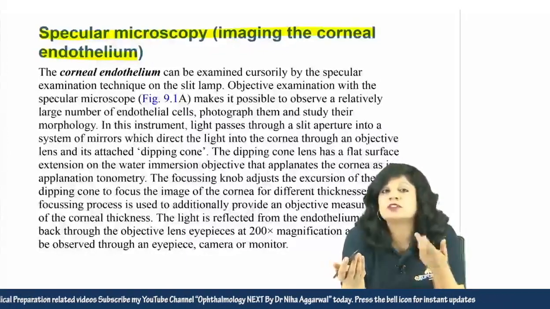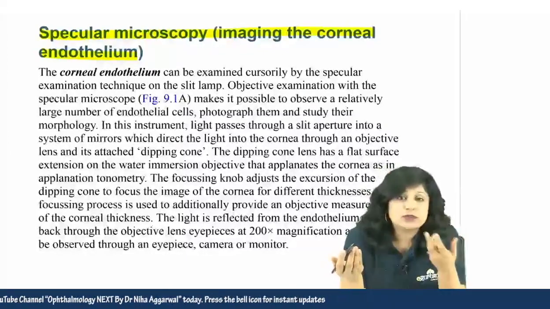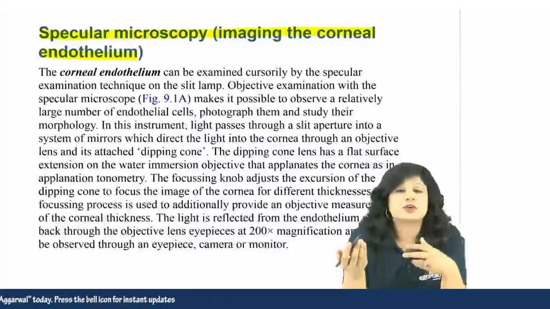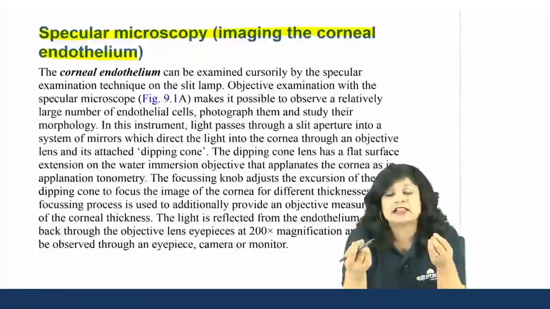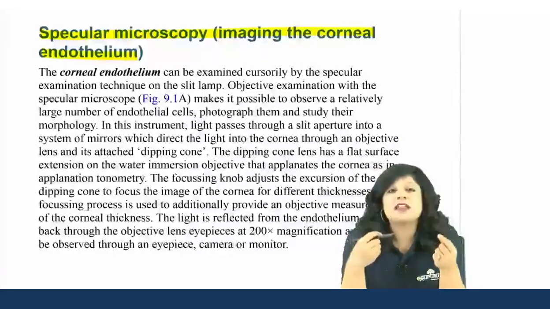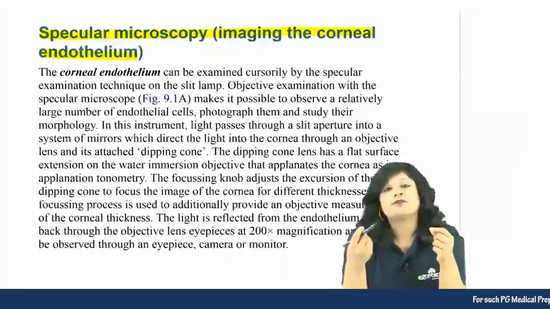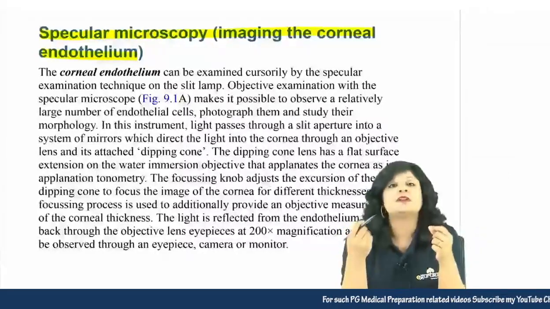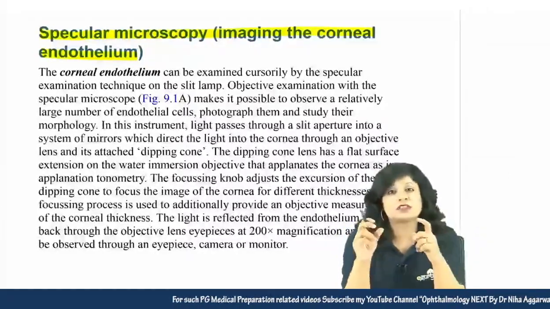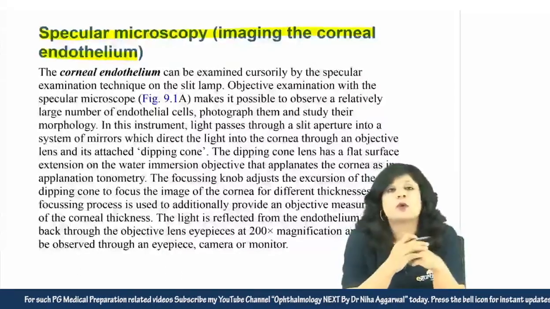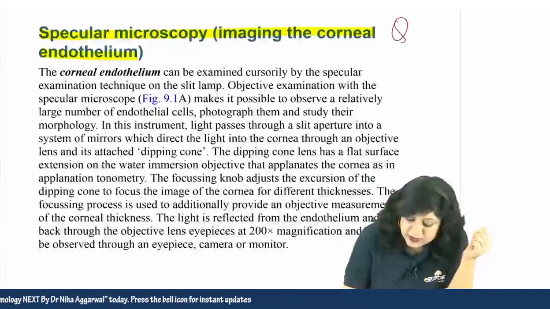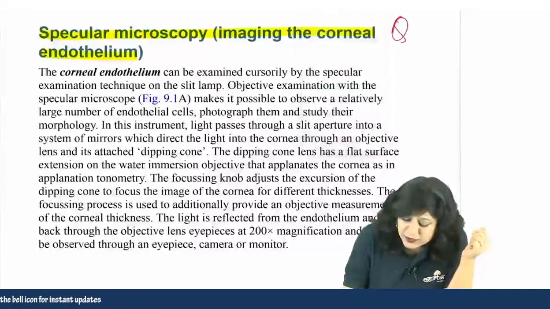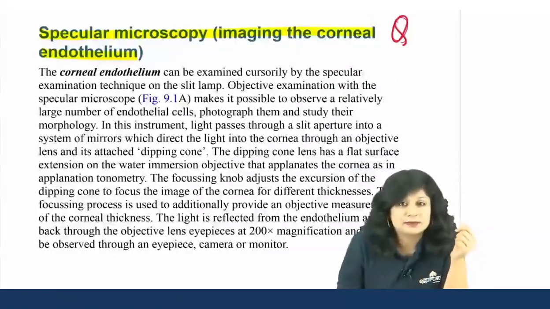So you cannot escape the importance of knowing the shape of the endothelial cells and the count of the endothelial cells, because this is one big factor when you are taking the cornea for transplantation. Also you must see what is the shape of the cells, what is the count of the cells, and for that you require the specular microscopy. So this in itself is a question. The first important question will be: what is the use of specular microscopy?